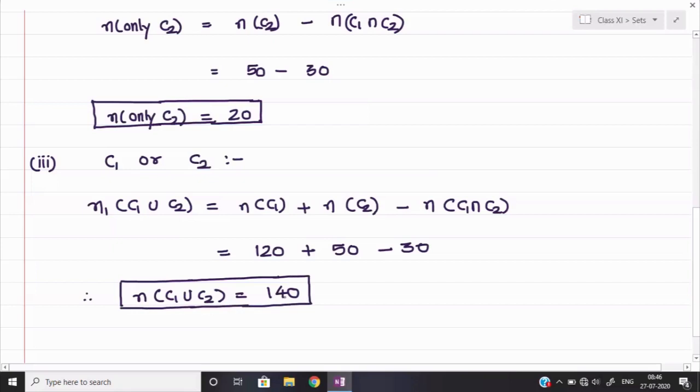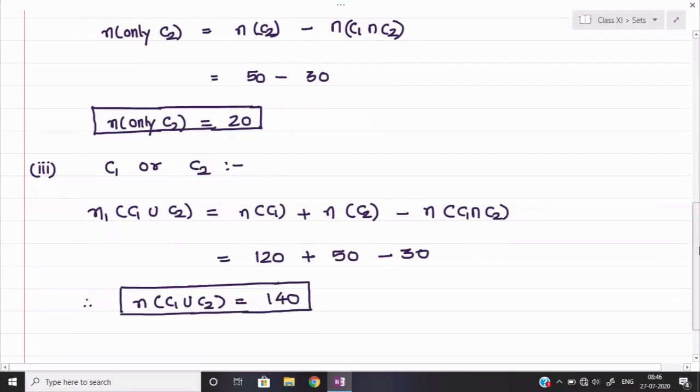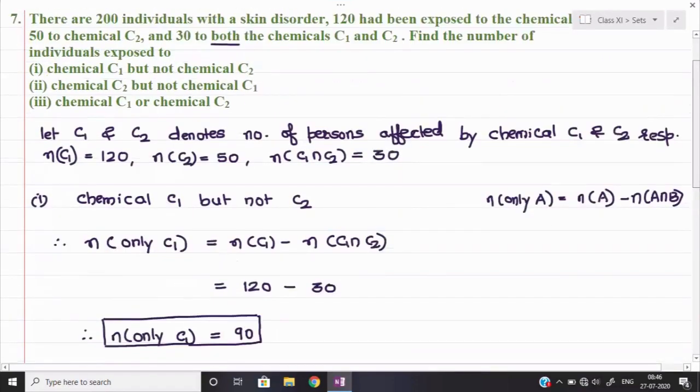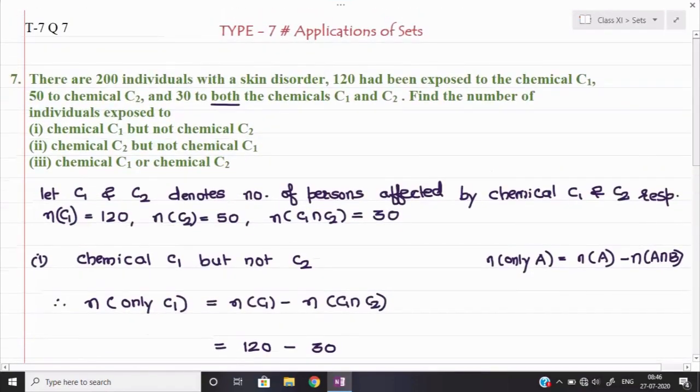Now see, 200 was given, the total figure I was telling you about at that time. So 200 is the figure they are giving for skin disorder. Meaning if I subtract 140, which I achieved here, from 200, then 60 are those affected by the skin disorder but not by C1 or C2. They may be affected by some other chemical, C3 or C4 we can say.